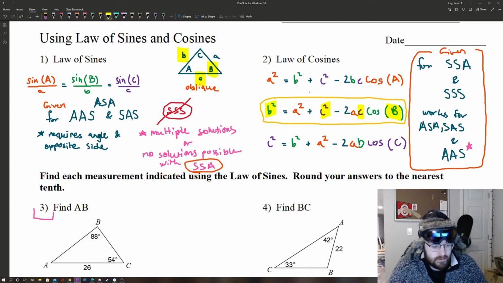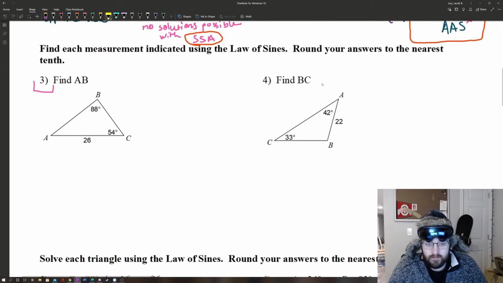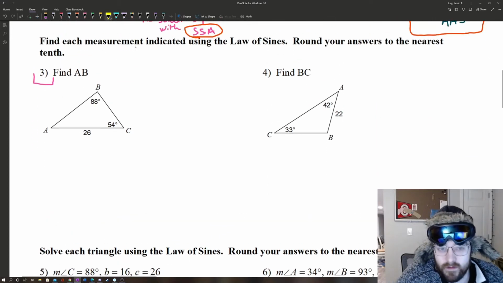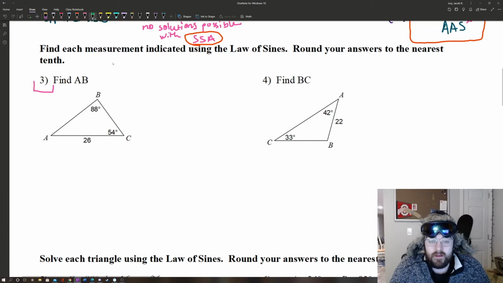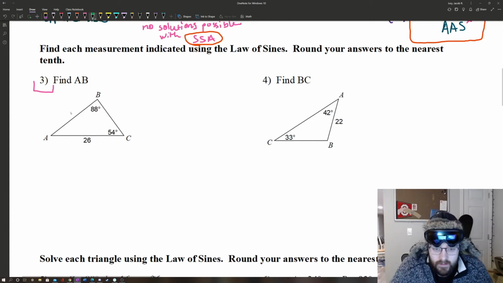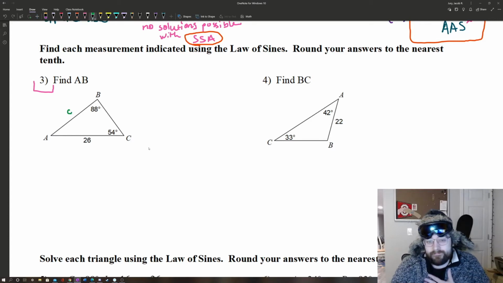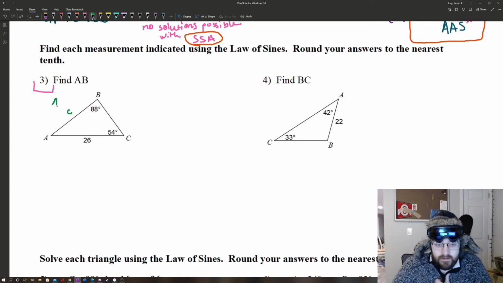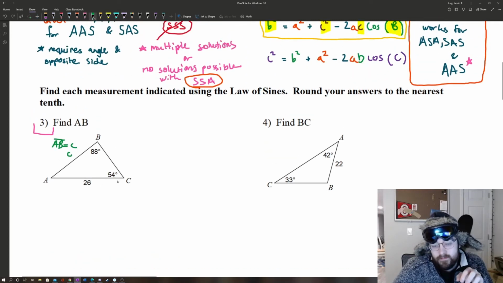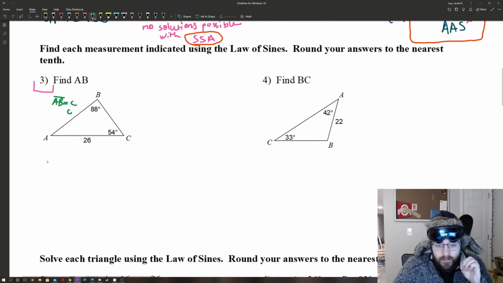So with that, let's look at number 3. So number 3, we're using law of sines, and we want to find side AB. So we're going to call this little c, which is also known as AB. That's this length. So if I want to find side C, and this is probably how you want to start these off, just by writing what you know.